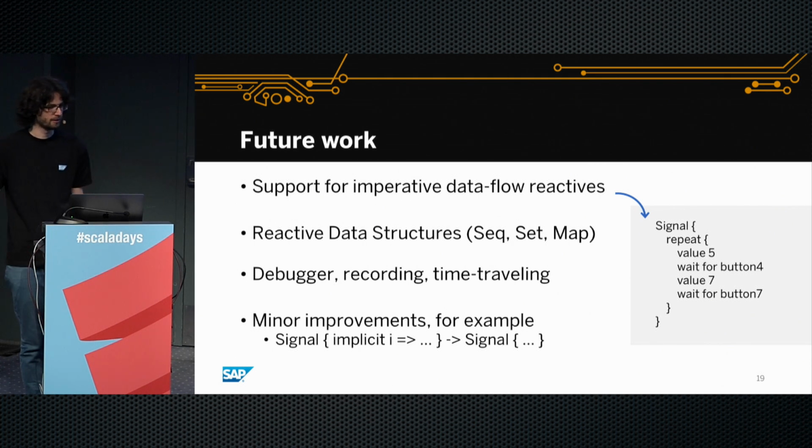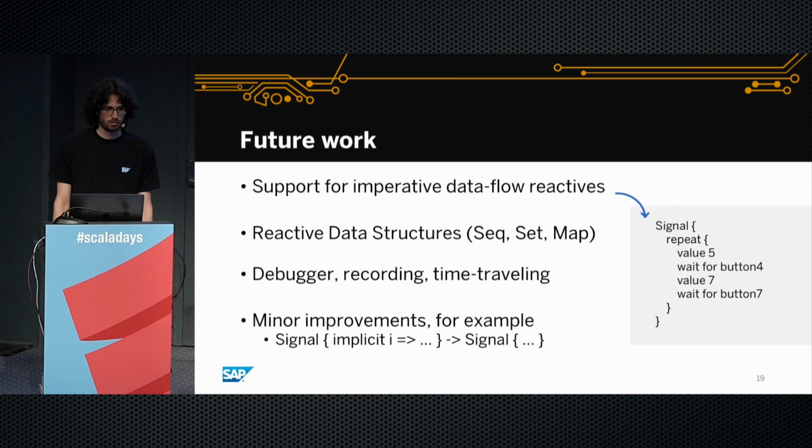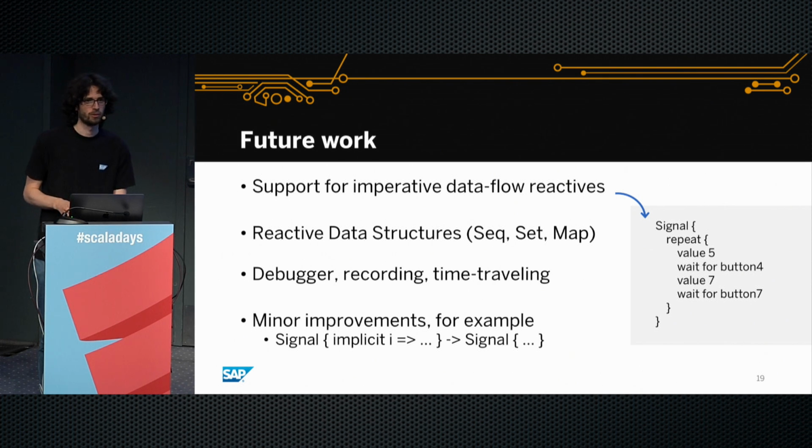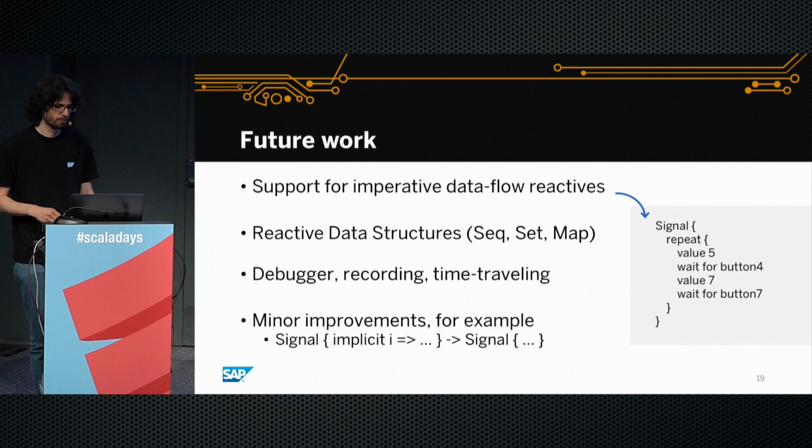Then we also investigated a little bit what tools we can support you with for debugging. So we've started working on recording the events that happen and then making it possible to time travel back and forth and see what signals had which values at specific points in time, which would make it possible to also debug nondeterministic problems in the UI.